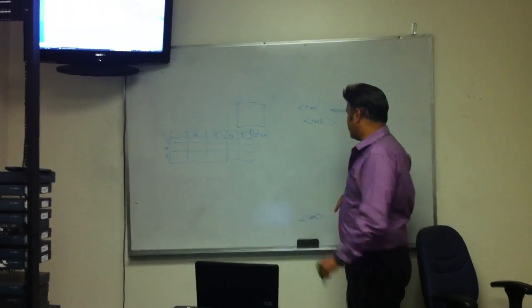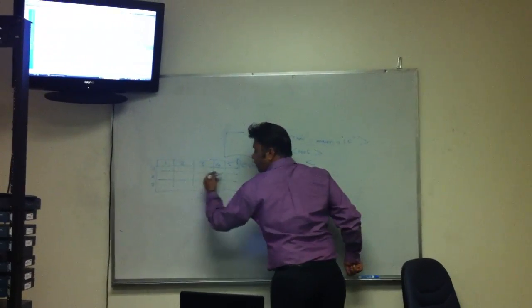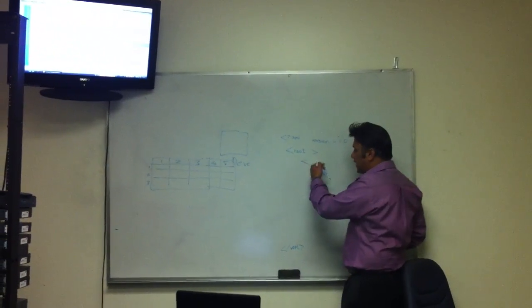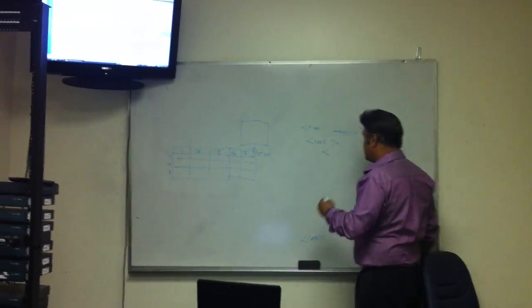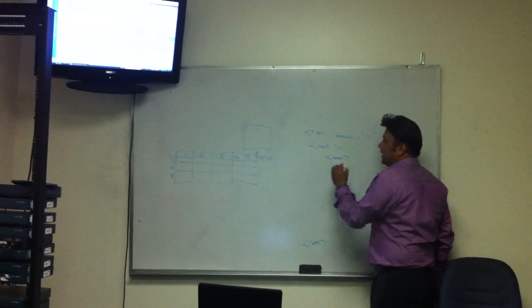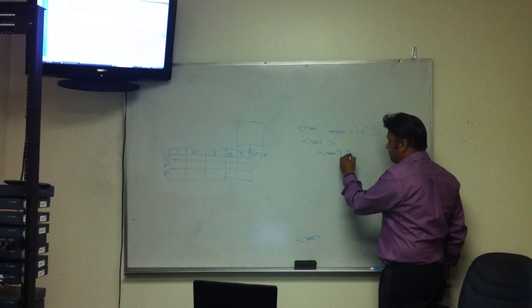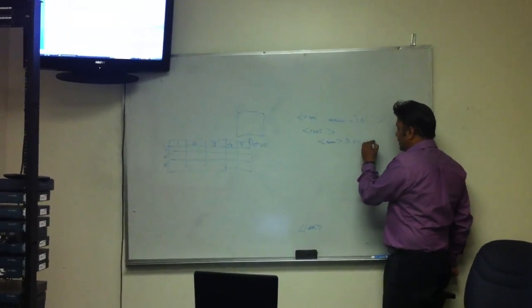So we're going to start with the very first row, and each value will depict a column. So I'll start here with num, and then I'll enter my value. Let's say the first value is 5.00, then I put /num.